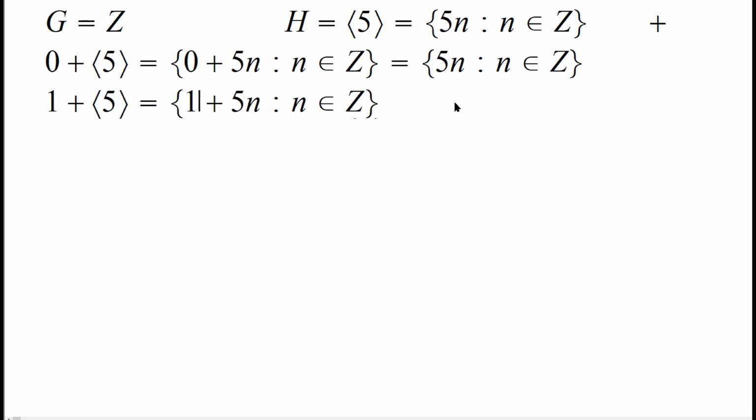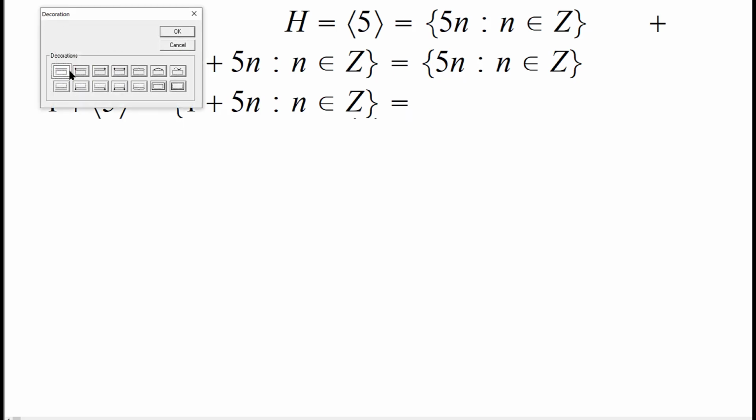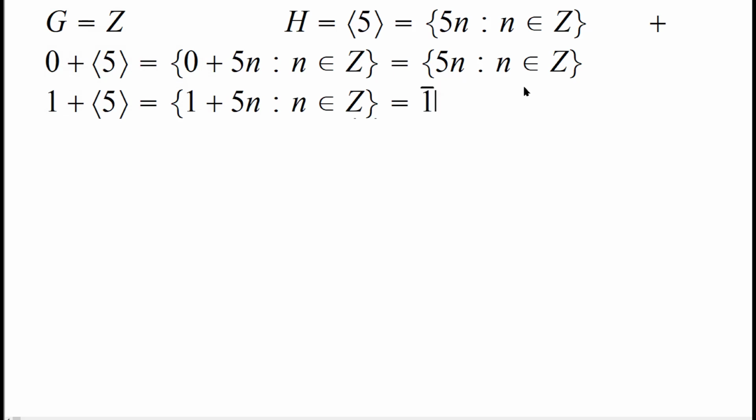You simply get 1 plus 5n. Now, remember what 1 plus 5n is? If you start changing the values of n, this will give you all the integers that are related to 1 modulo 5, right? So this is just the equivalence class of 1. And remember, with respect to plus modulo 5, right?